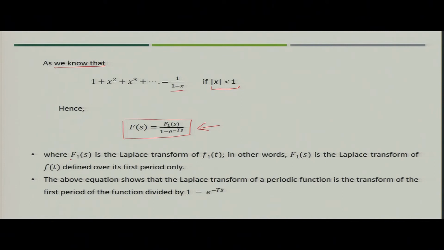So, what can we observe from this? We can observe that F1(s) is the Laplace transform of f1(t), that means it is the Laplace transform of the function defined over its first period only. Now, if you want to find the value of F(s), that is the Laplace transform of the complete periodic function, what we have to do is multiply F1(s) by 1 upon 1 minus e^(-Ts), then we will get the Laplace transform of the complete periodic function.